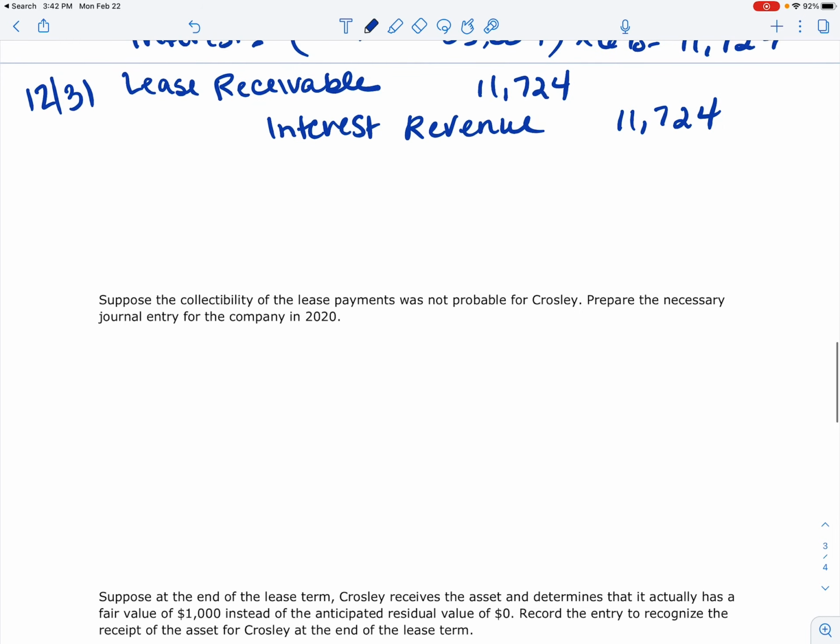So what about, we're just going to throw a couple of scenarios, just show you the difference in the journal entries. What if the collectability of these lease payments was not probable?